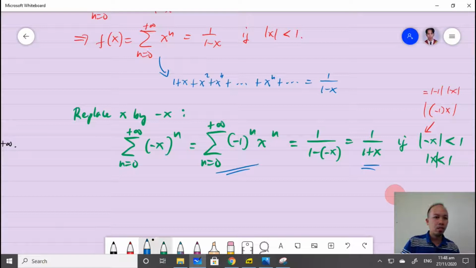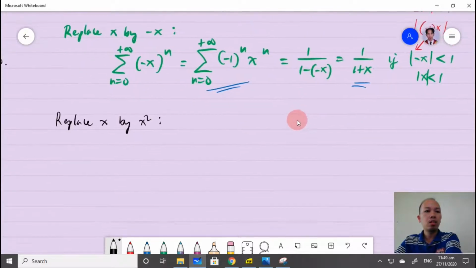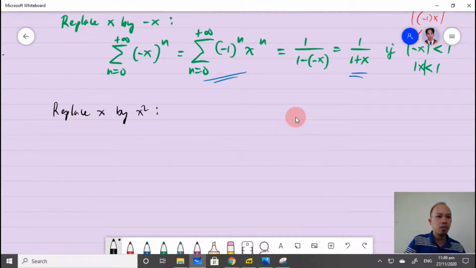Okay, again, let's try this color, let's say black. If we replace x by, for example, x squared, what will happen here? We will have this form: the summation of x squared to the n, which is the summation of x to the 2n, since n times 2 is 2n, where n starts from 0 to positive infinity.